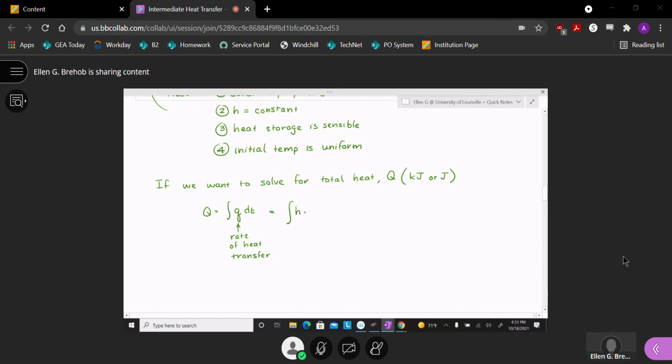So a heat transfer coefficient, a surface area, and T minus T infinity. I almost put the little s there, surface temperature. It's not that we don't want the surface temperature, but I would like you thinking that this is not a constant value. Now we're doing a transient problem, that temperature is varying, so I'm going to get rid of that.